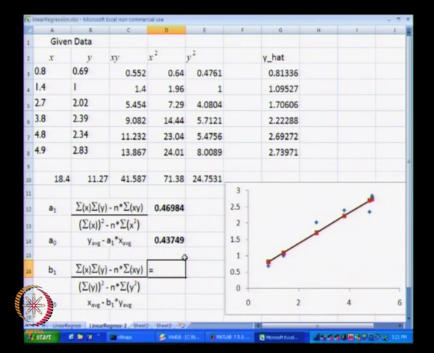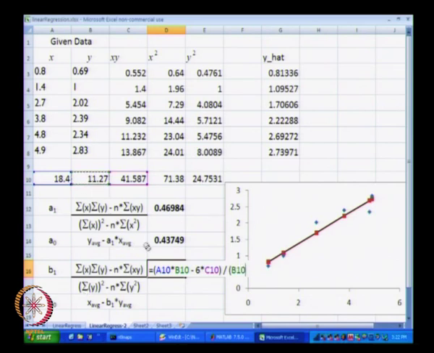B1 expression is summation of x, which is this value, multiplied by summation of y, which is this value, minus n, which is 6, times summation of xy, which is this particular value. So, A10 is summation x, B10 is summation y, C10 is summation of xy and 6 is our n, that is our numerator, divided by the denominator, and the denominator in this case is summation of y the whole squared.